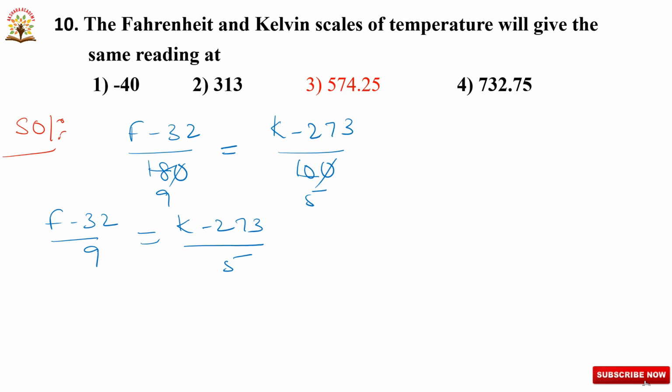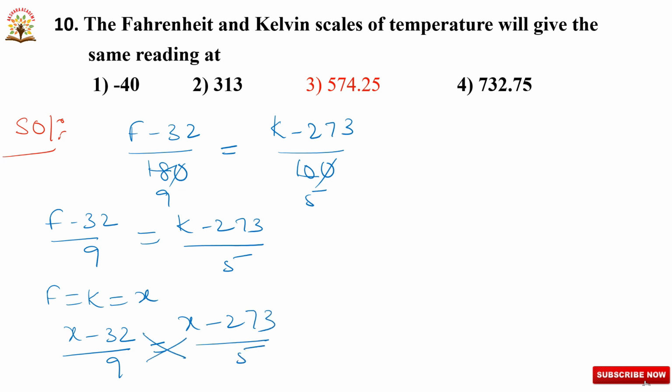Here they have given that the Fahrenheit and Kelvin temperatures will give the same reading. So we are assuming that F is equals to K is equals to X. Now substituting, (X minus 32) by 9 is equals to (X minus 273) by 5.